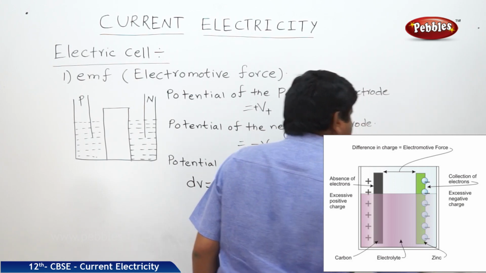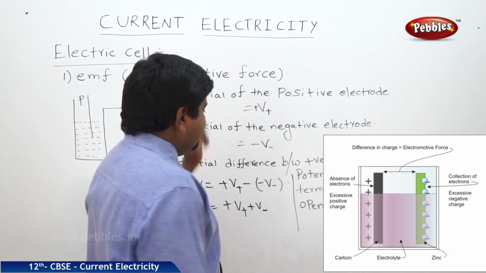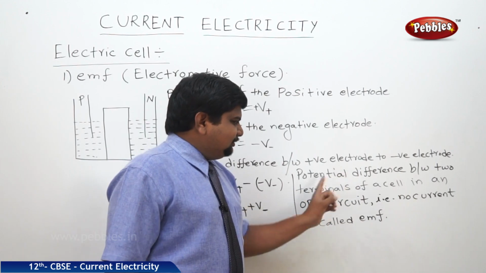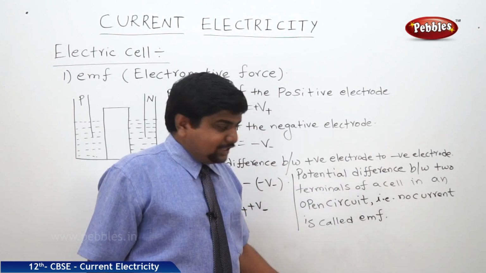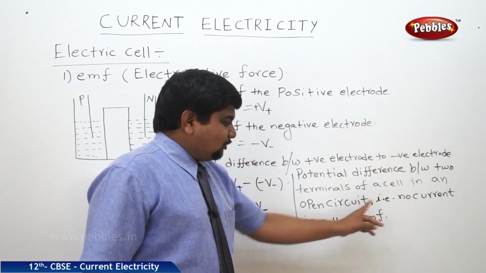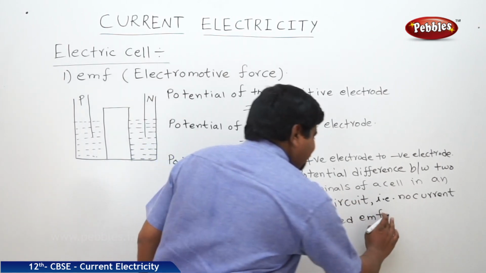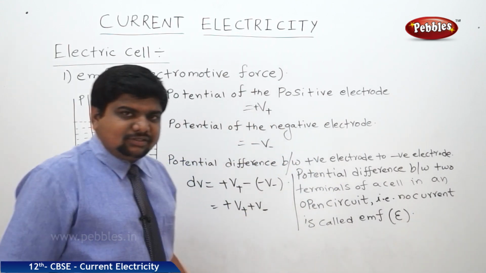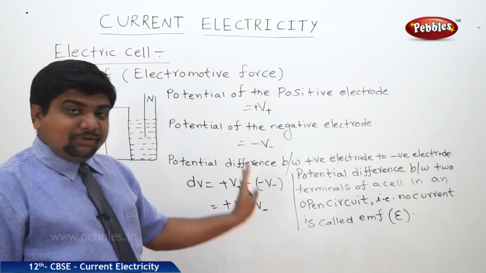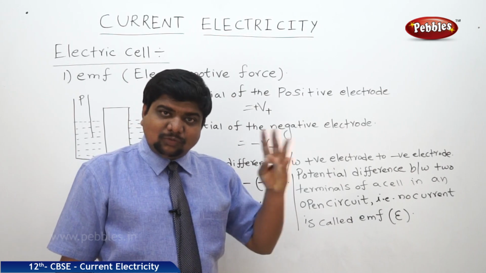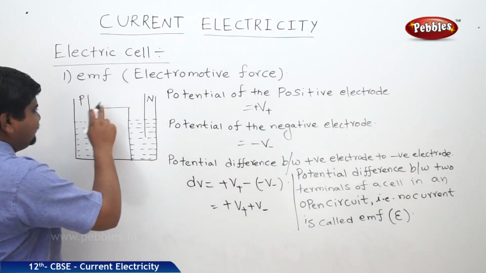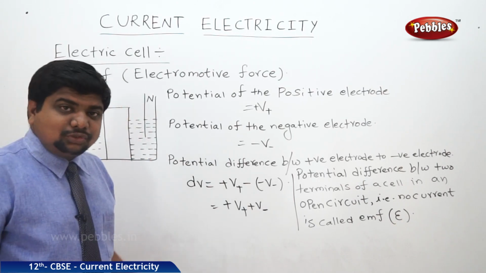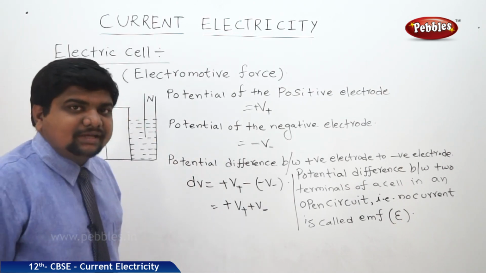At the state of no current, it is called EMF. So the potential difference between two terminals of a cell in an open circuit, that means there is no current, is called EMF. The symbol of EMF is like this. So this is some theory about the EMF of the cell. It is electromotive force, nothing but the potential difference between the two terminals, or two electrodes, of the cell.